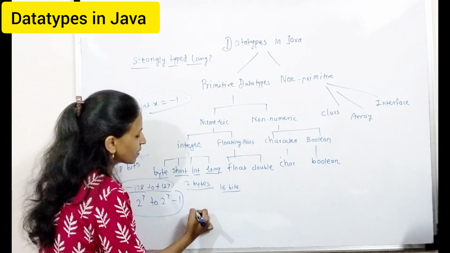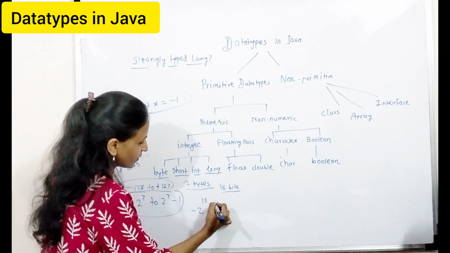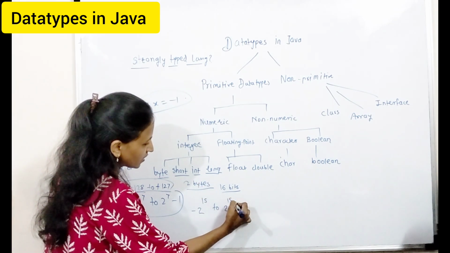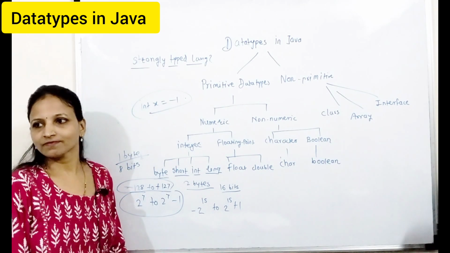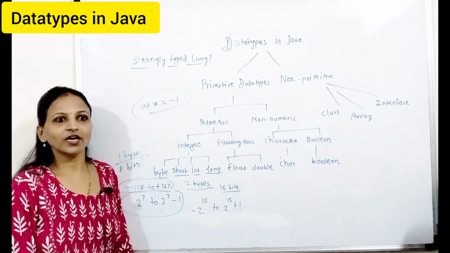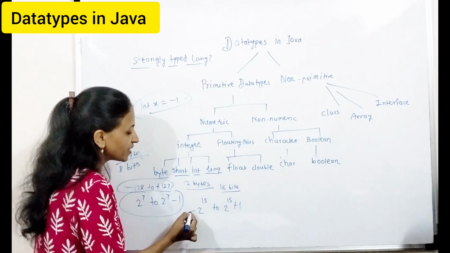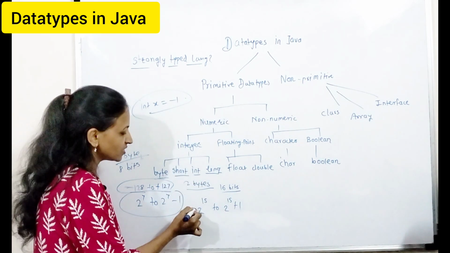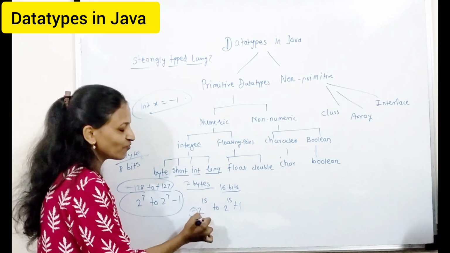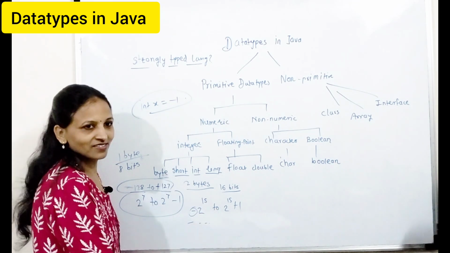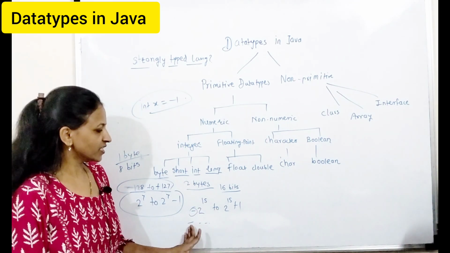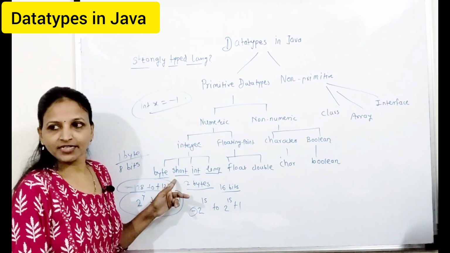Here the range is minus 2 raised to 15 to 2 raised to 15 minus 1. Remember it in this way: minus 2 raised to 15 to 2 raised to 15 minus 1. The meaning is like that. This minus symbol you have to write here, and whatever value is here you have to write here. Getting? In this way the range is for short integer.